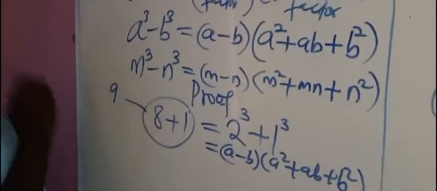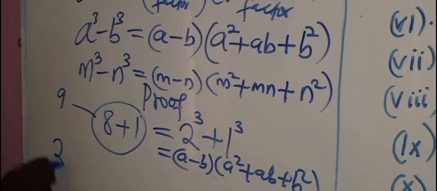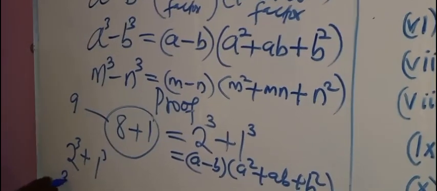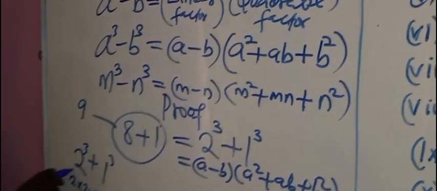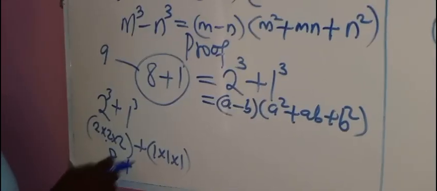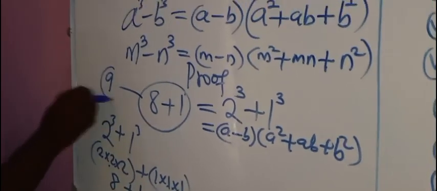So we already know that this is 9. And if you use 2 raised to the power 3 plus 1 raised to the power 3, we already know that this is 2 times 2 times 2, plus 1 times 1 times 1. So 2 times 2, 4, times 2, 8. Plus 1 times 1, 1.